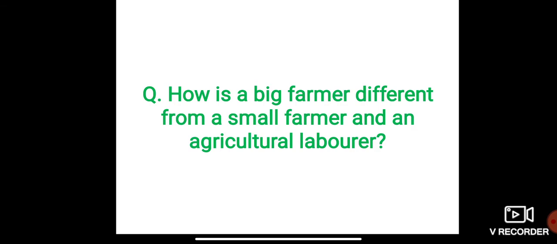While a small farmer still has some land, an agricultural laborer does not have any. Small farmers have a small piece of land, like Murli, but agricultural laborers like Sita do not own any land of their own.